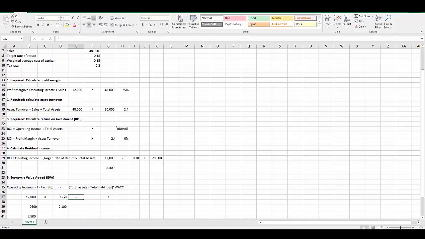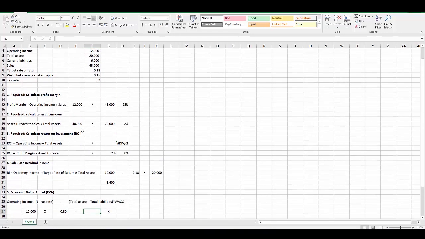Then we're going to subtract our total assets minus our total liabilities. So you have assets of 20 less the liabilities of 6. This gives you $14,000, and your weighted average cost of capital is 15%.